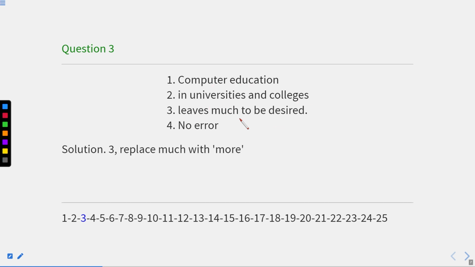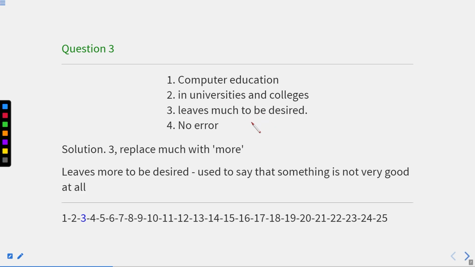Okay, so here the error is in part 3. Replace much with more. Leaves more to be desired is a phrase, an idiom actually, which is used to say that something is not very good at all.